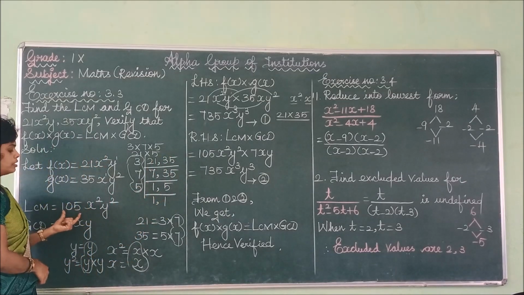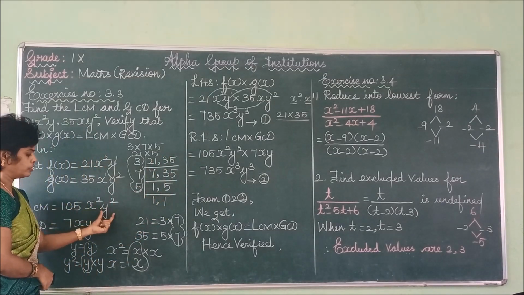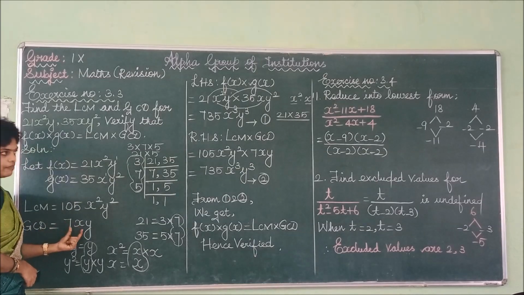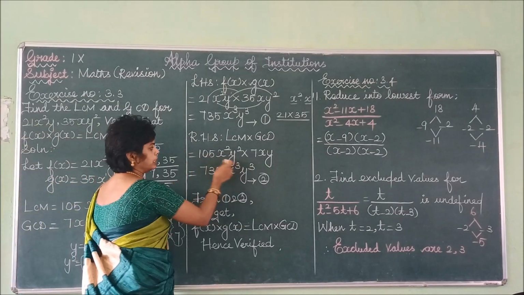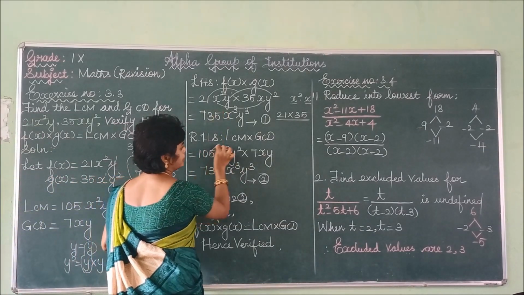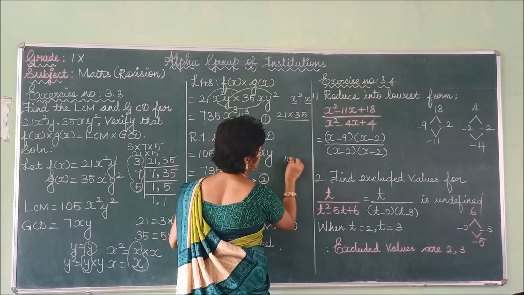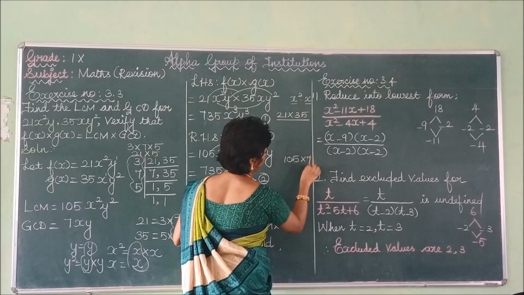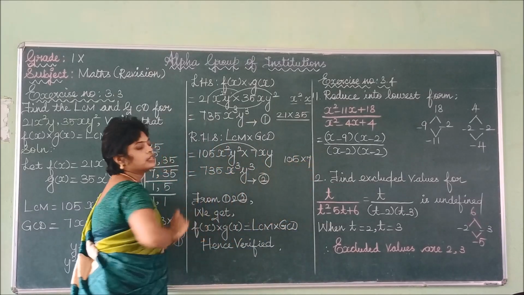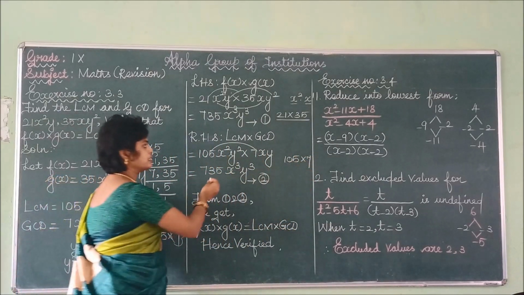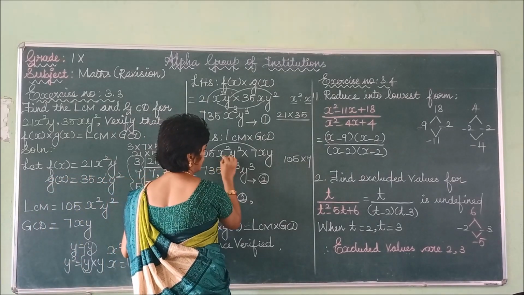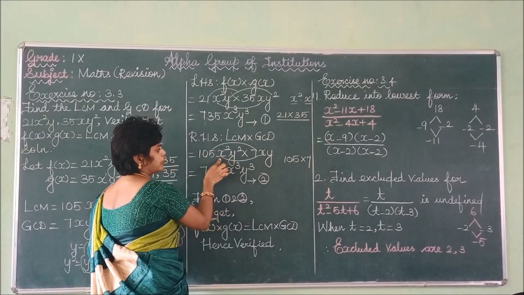Now find the second value, the right hand side, LCM into GCD. So LCM is 105 x squared y squared and GCD is 7xy. Multiply both the terms. Similarly, you can multiply the coefficients of x and y first. That is the numerical term, 105 into 7. 105 into 7 is 735. Next multiply the variables. What are the variables here? X and y.